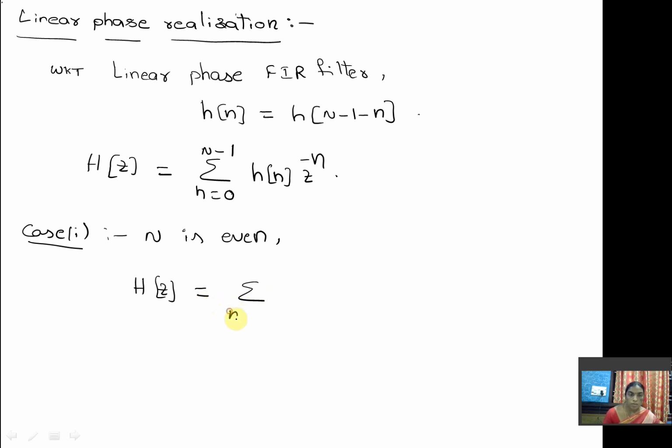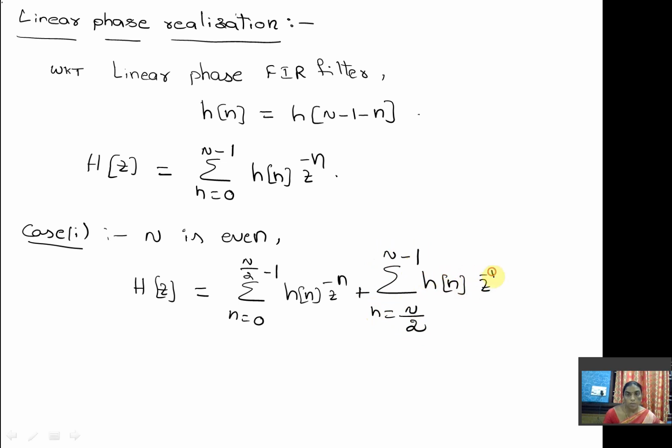One is summation n equals 0 to N by 2 minus 1, then plus the second term, N by 2 to N minus 1.